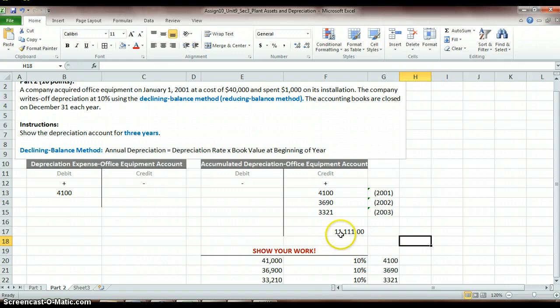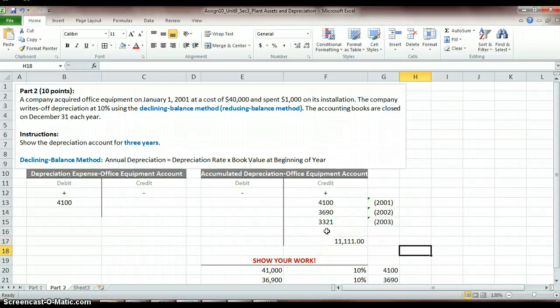So in 3 years, I'm going to be losing $11,111 from this $41,000 amount. Okay, so that's how we complete this accounting for our depreciation.